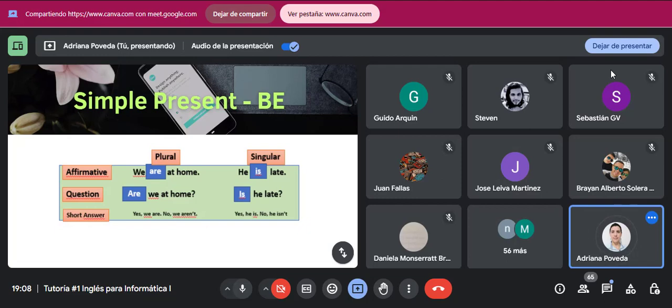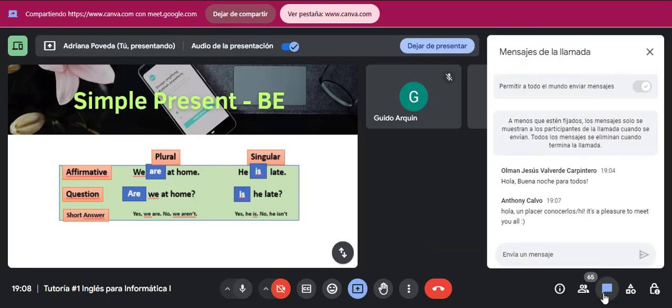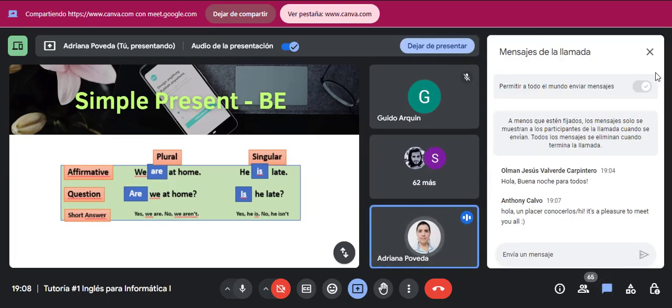He is late. And in the case of the question, we'll do the same thing, subject-verb inversion, and we'll place first the verb, saying, is he late? And for the affirmative answer, we'll say, yes, he is. For the negative answer, we'll say, no, he isn't. Up to here, do you have any questions?